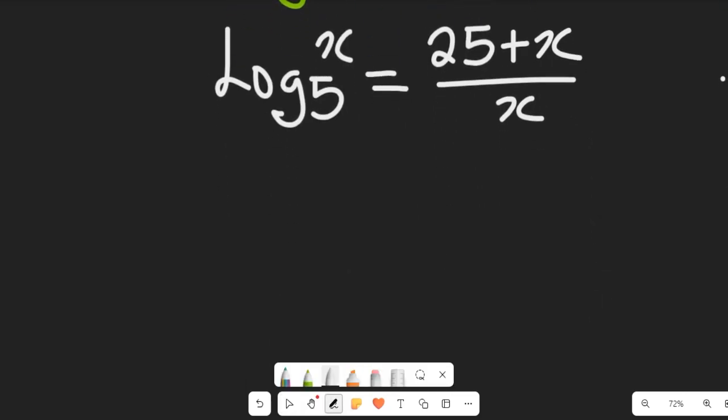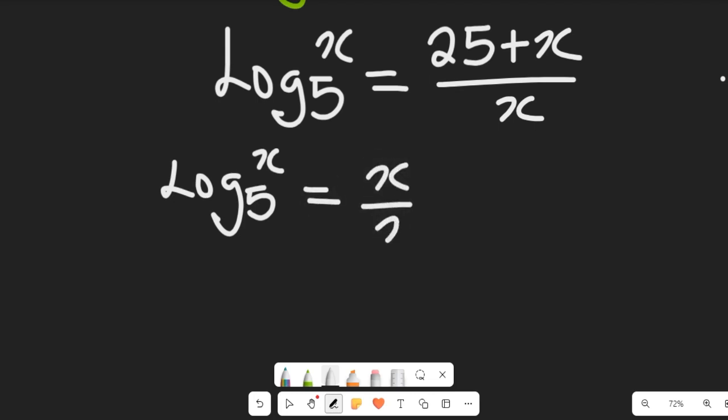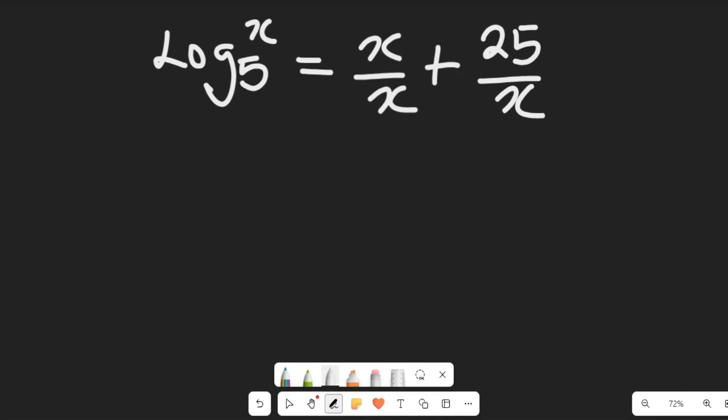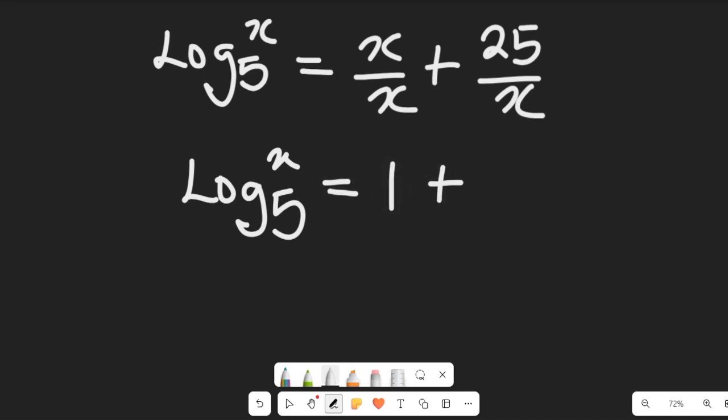If I break it, I'll have the log of x base 5 equal to x divided by x plus 25 divided by x. So what do I have here? The value of my log of x base 5 will be equal to 1 plus 25 divided by x.